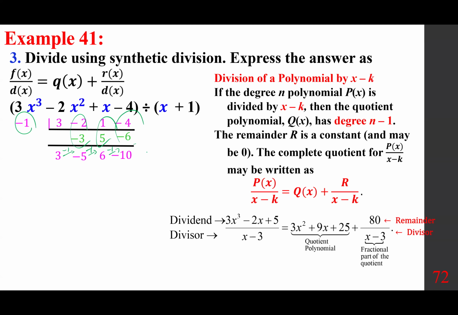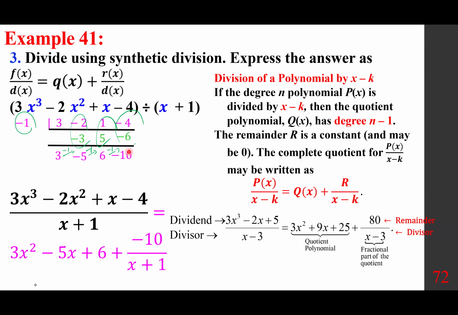And therefore, the answer is 3x squared minus 5x plus 6 with the remainder minus 10. So you write it in this fashion. 3x cubed minus 2x squared plus x minus 4 over x plus 1 equals 3x squared minus 5x plus 6 plus negative 10 over x plus 1, or you might say minus 10 over x plus 1.